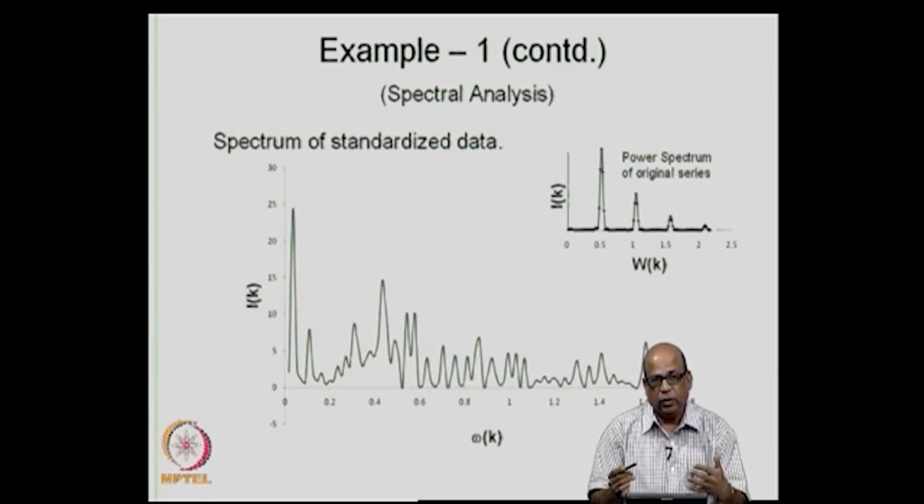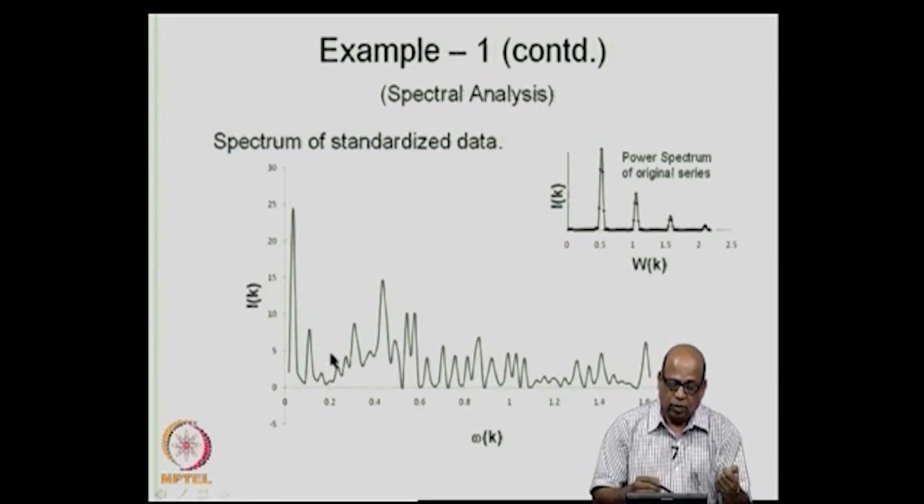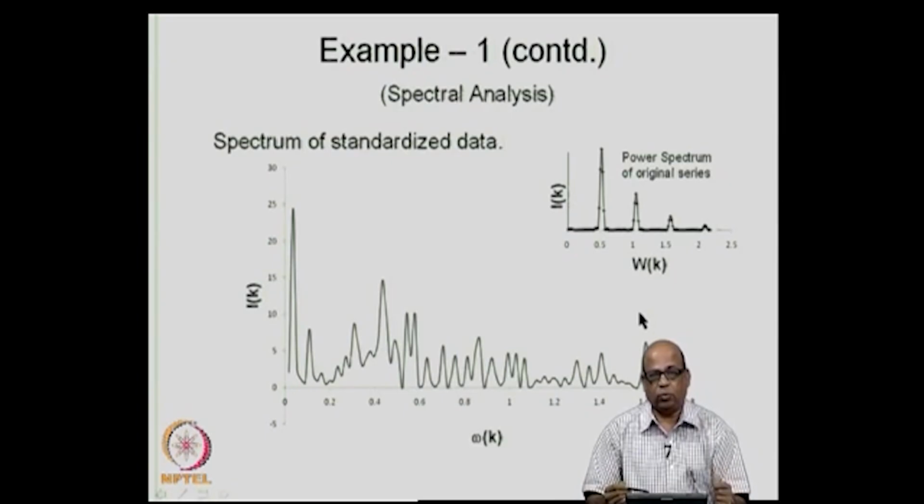So, the information content in the time series comes to the surface by doing all these analyses, through the correlogram, through the power spectrum and so on. What we have just examined is that the periodicities that showed up significantly in the original time series have been removed by standardization. So, standardization is one way of removing the periodicities.